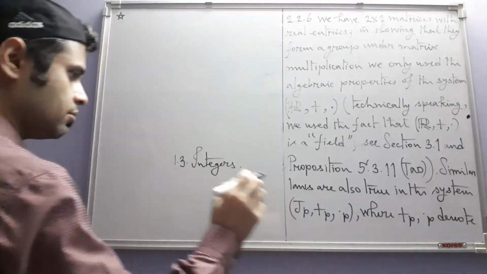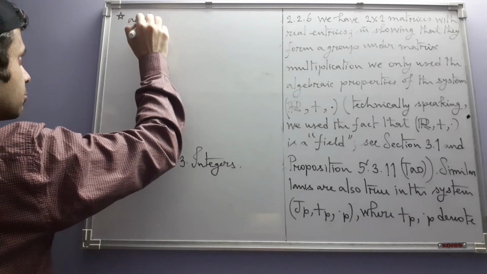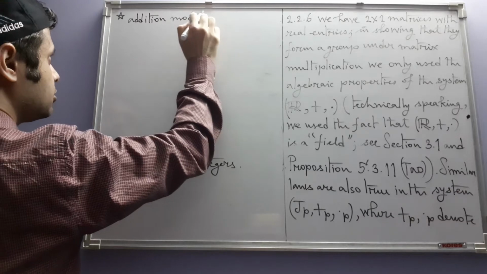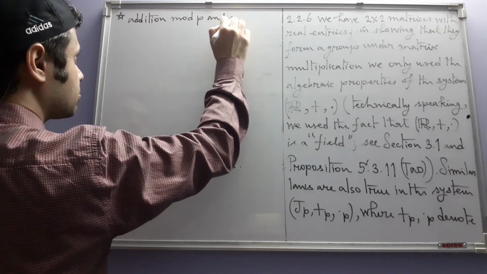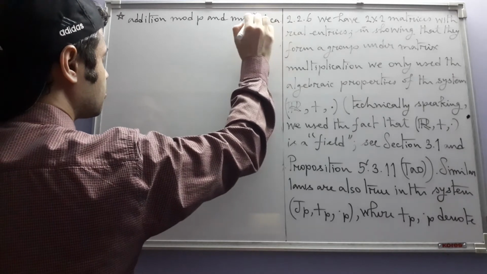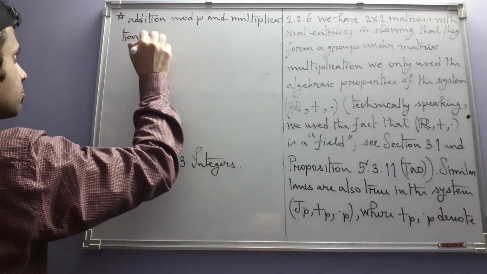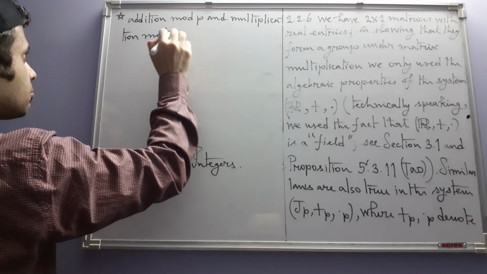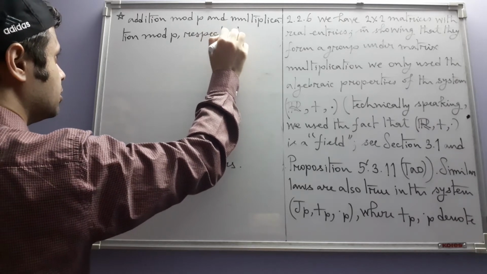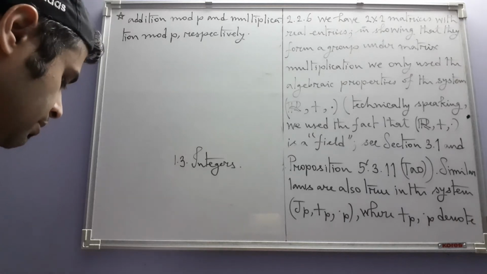Okay, so denote addition mod P and multiplication mod P respectively. This is also an example of a field.